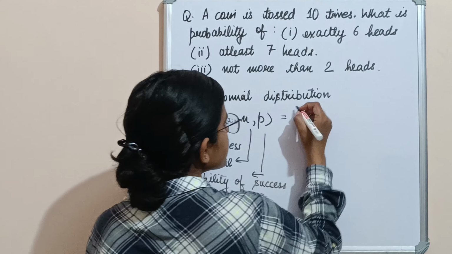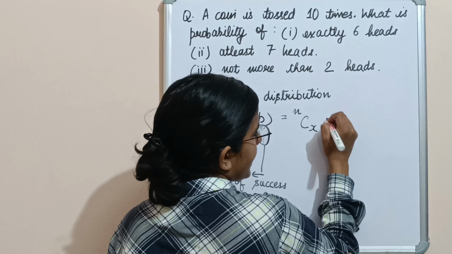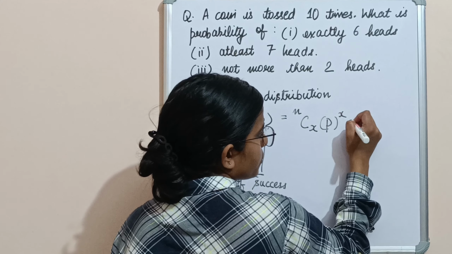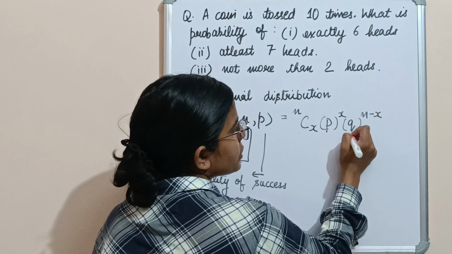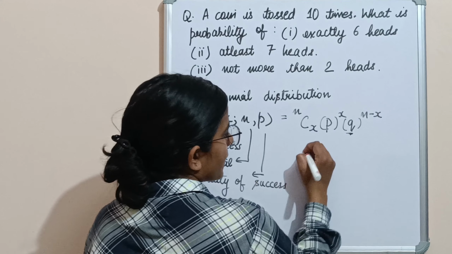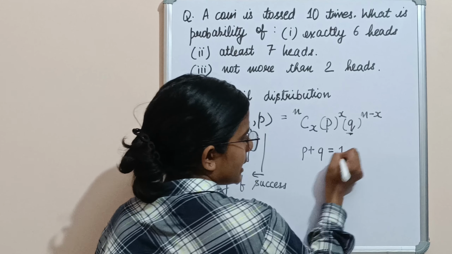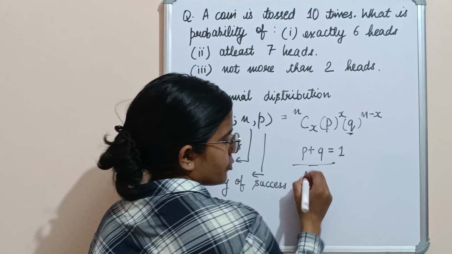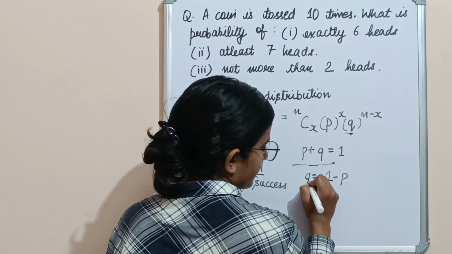Its probability function is nCx p raised to power x q raised to power n minus x, where q is probability of failure and p plus q equals 1. This holds for a binomial distribution. So q will be equal to 1 minus p.